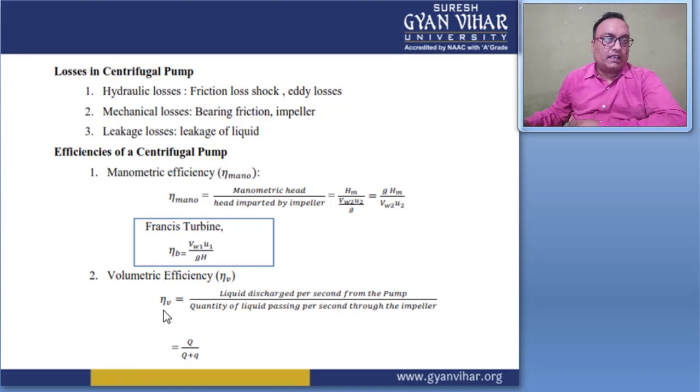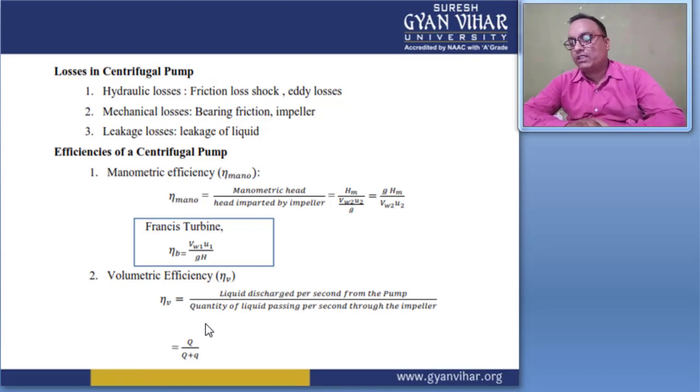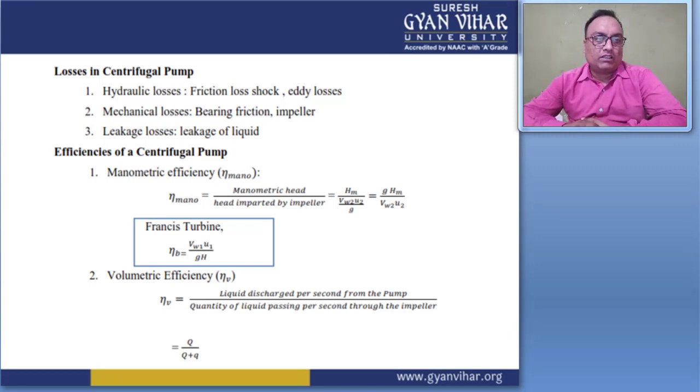And this is the volumetric efficiency, neta V. Neta V is the ratio of the liquid discharge per second from the pump to the quantity of liquid passing per second through the impeller, and neta V equals Q divided by Q plus q also, right?